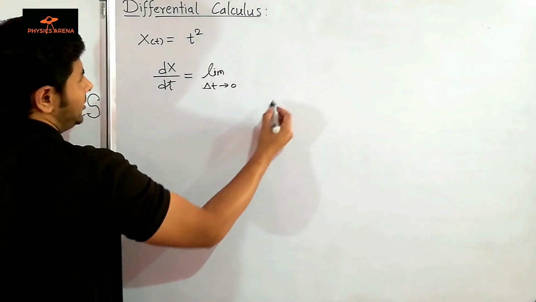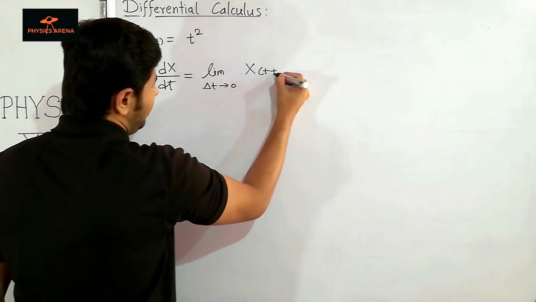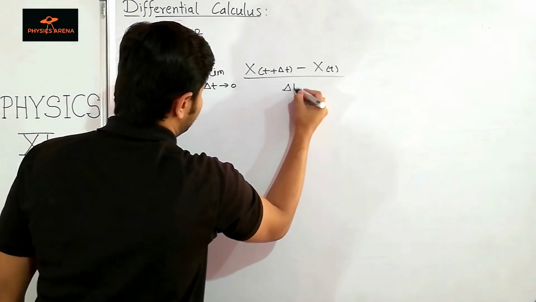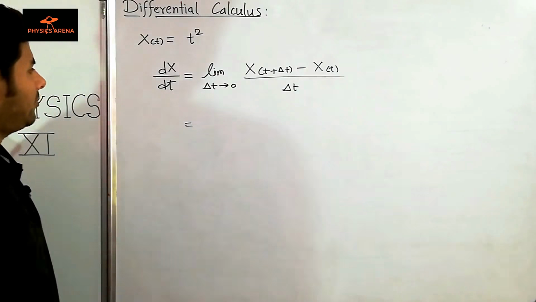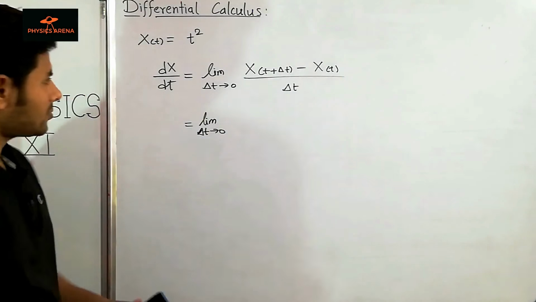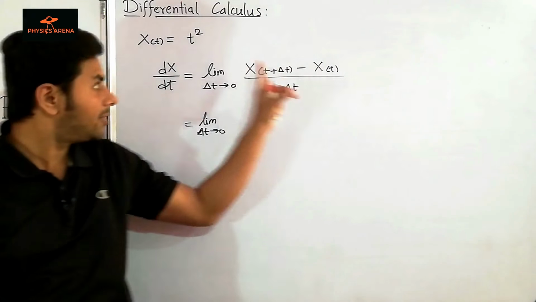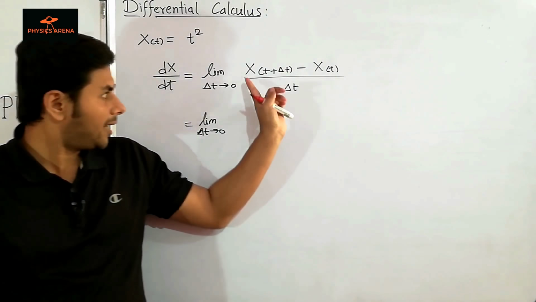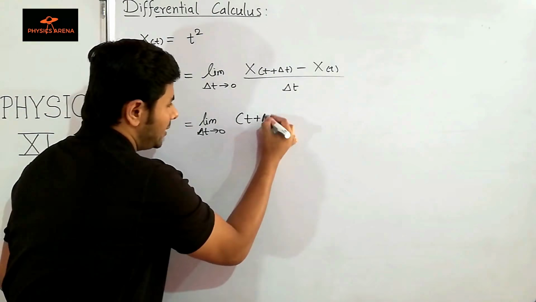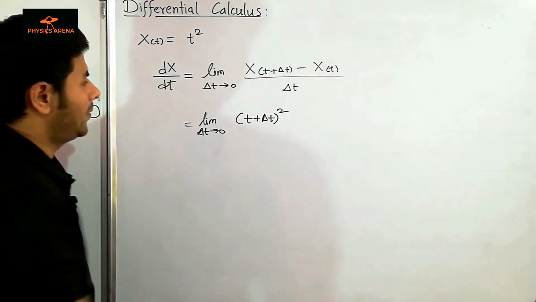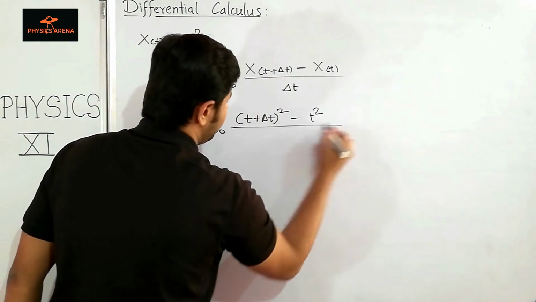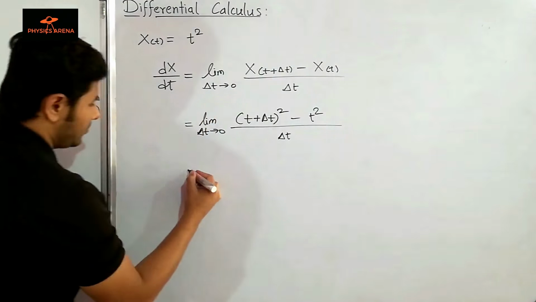Limit delta t tends to 0, x at t plus delta t minus x at t divided by delta t. So this is equal to limit delta t tends to 0, where x at t is t square. That's why x at t plus delta t will be t plus delta t whole square, minus x at t, which is t square, divided by delta t.